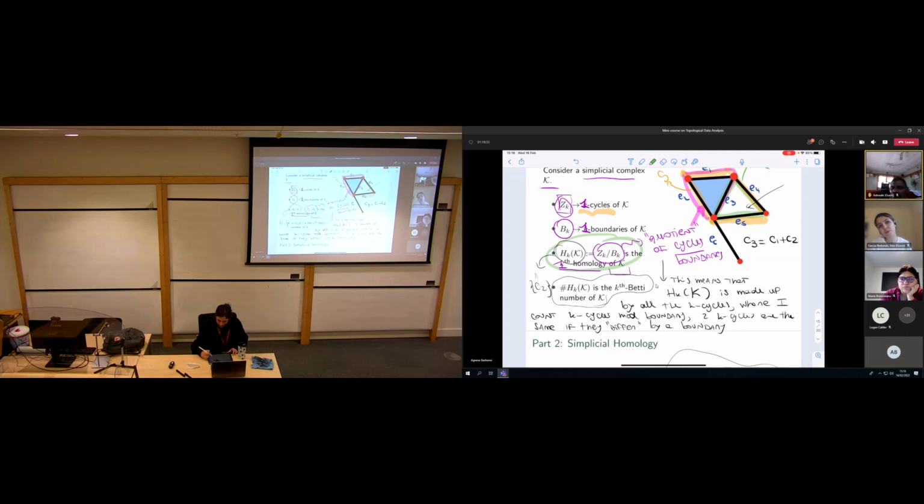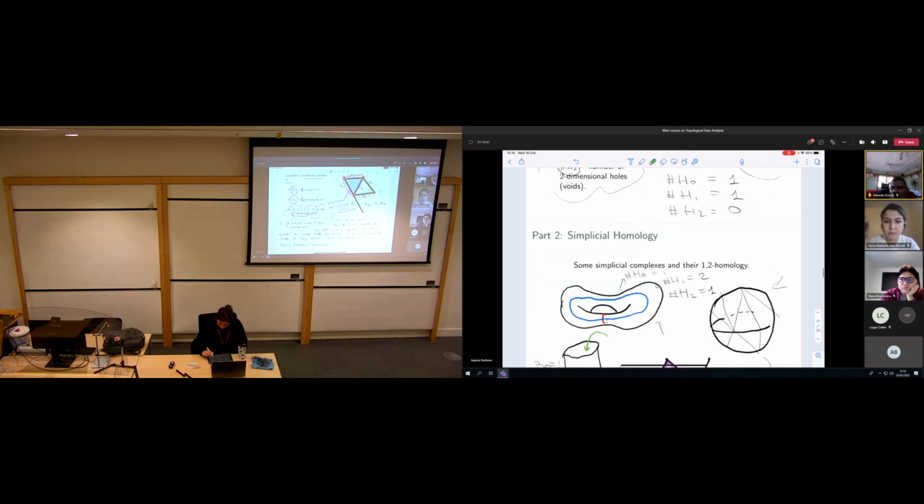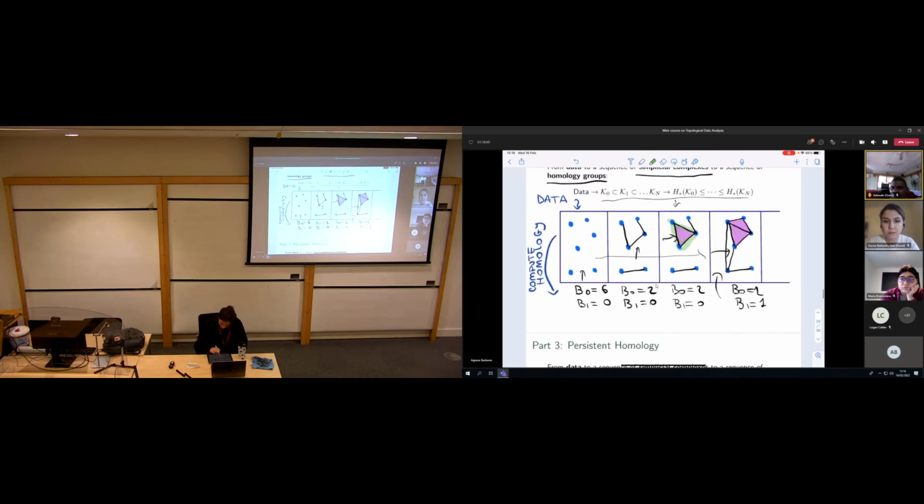But for the same reason why here I had only really C2 as a cycle, because everything else was either a boundary or was differing from C2 by a boundary, for the same reason here I have one cycle. I have this cycle, but this cycle is covered up by the boundary, so it doesn't define a hole, so it's not counted. It gets sent to 0 by the quotient. It gets annihilated by taking the quotient of cycles over boundaries.